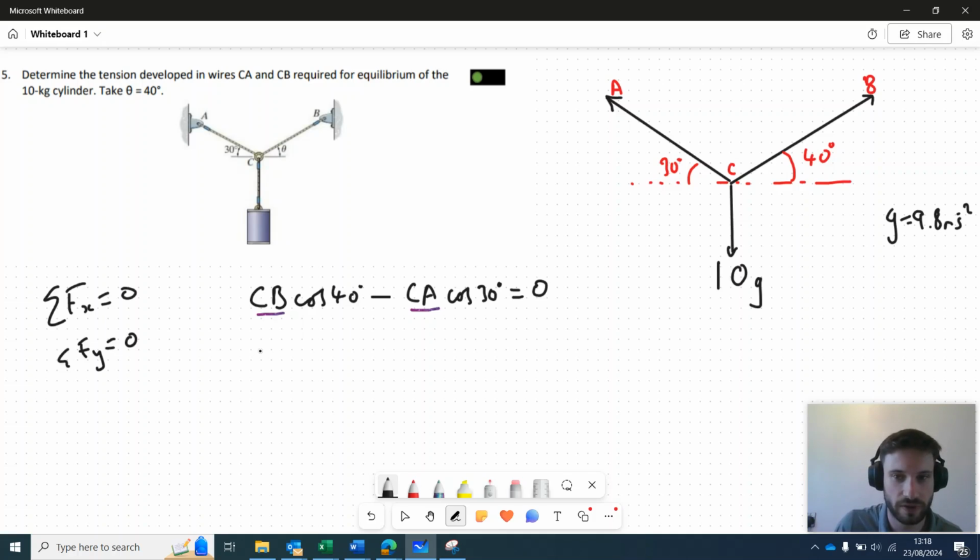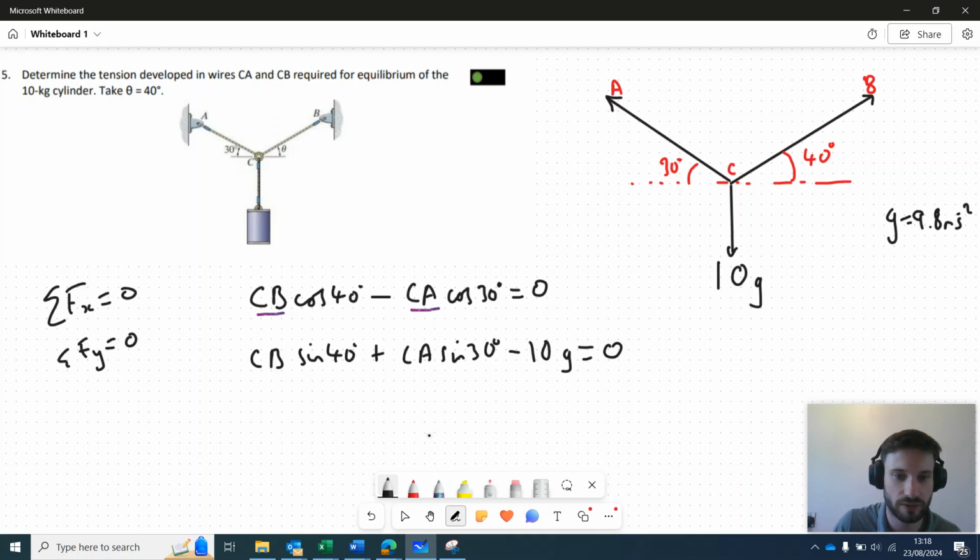Let's resolve vertically. Things moving up, we have CB sine 40, and CA sine 30, and we have this 10g force acting down.